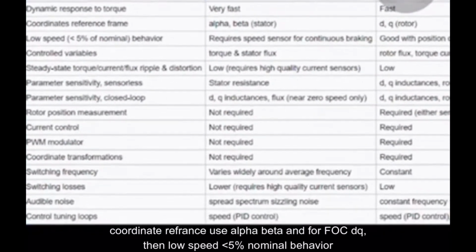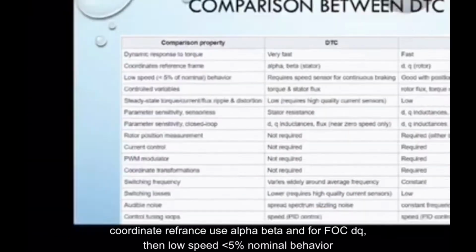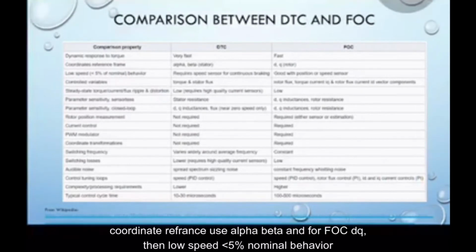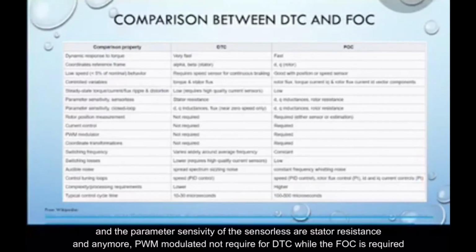The coordinate reference frame uses alpha-beta for DTC, and DQ for FOC. At low speed, less than 5% of nominal, the behavior requires a speed sensor for continuous braking. DTC controls the variable torque and stator flux, and requires a high quality current sensor, and the parameter sensitivity is to stator resistance, and many more.